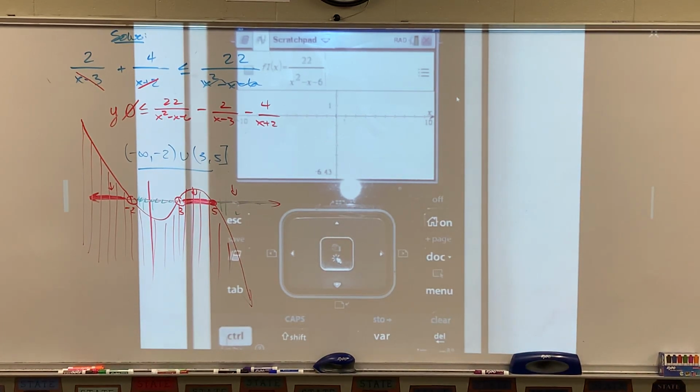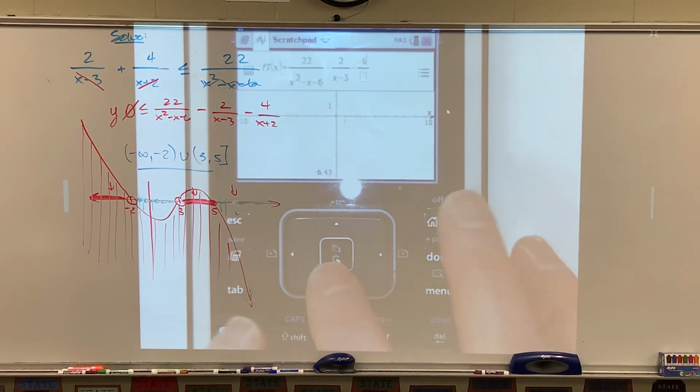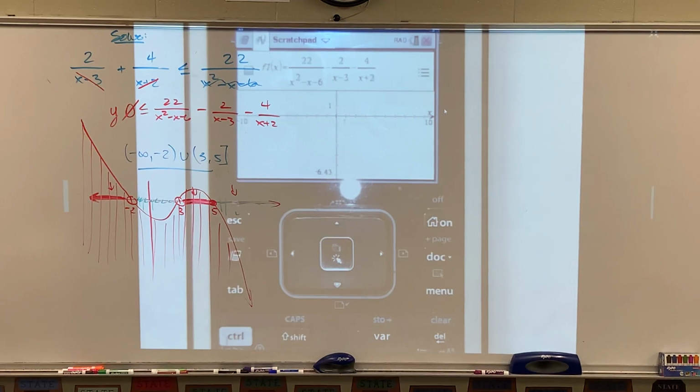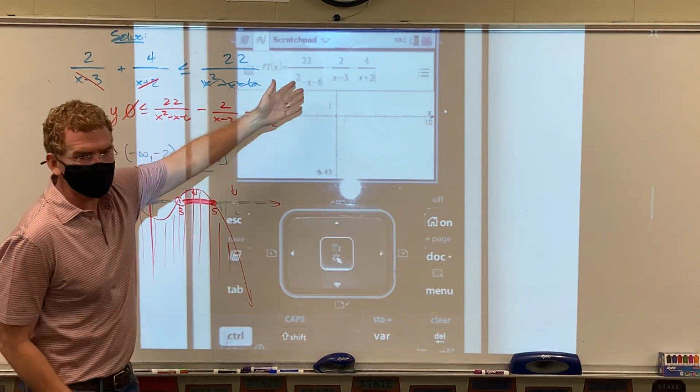Minus fraction button 2 over x minus 3, minus fraction button 4 over x plus 2. So I've got all of that typed in nice and neatly, right?